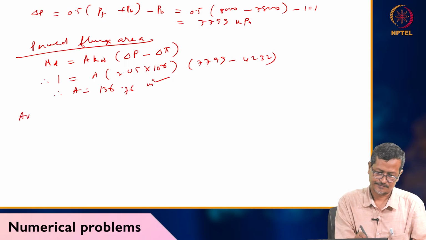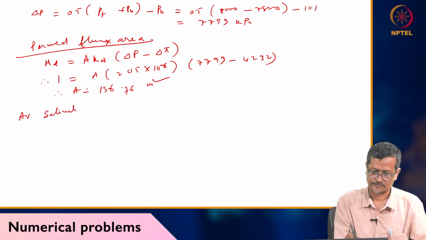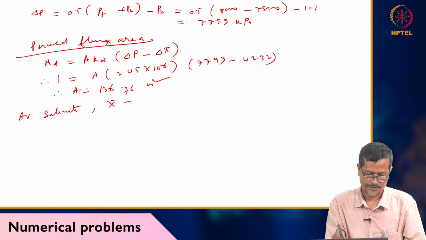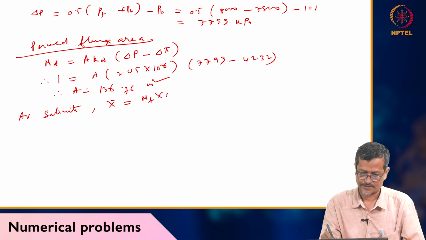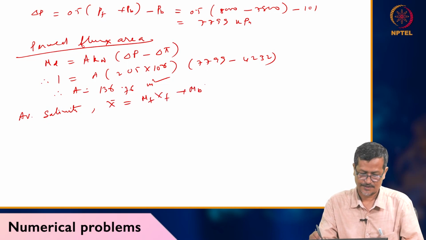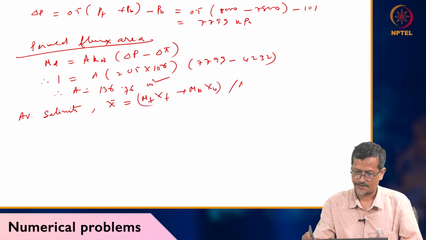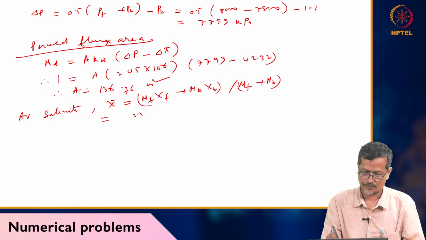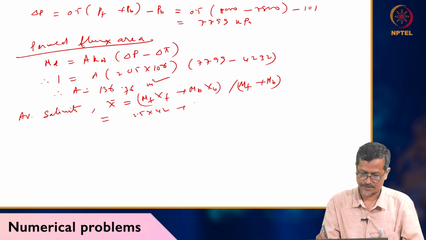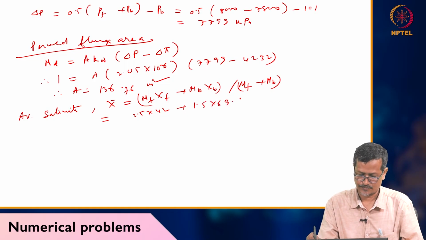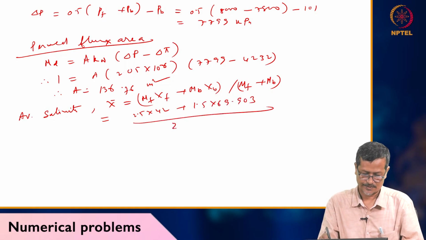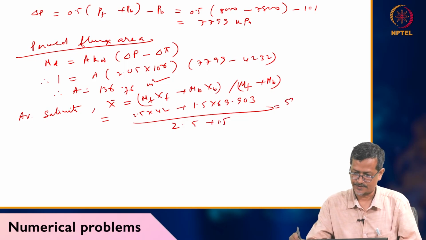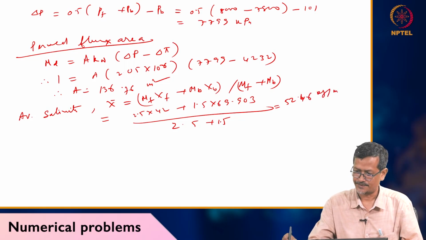So average salinity, X bar equals Mf Xf plus Mb Xb divided by Mf plus Mb, equals 2.5 into 42 plus 1.5 into 69.903 divided by 2.5 plus 1.5. This is giving 52.46 kg per meter cube.